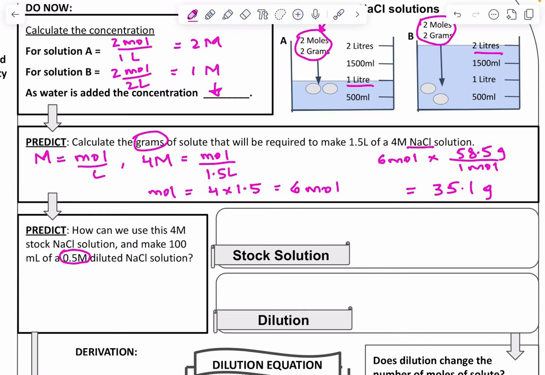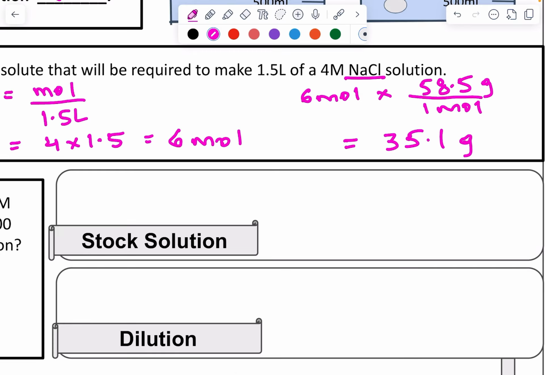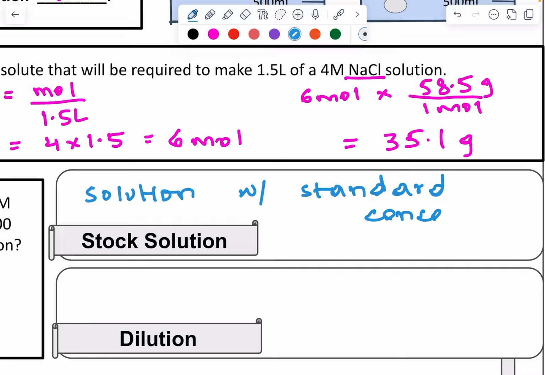So the way we actually do this is we use the stock solution that we just made, which is defined as the solution that we begin with, basically. So a solution with standard concentration, and again, this is what we start with. And then the process of diluting this is called a dilution.